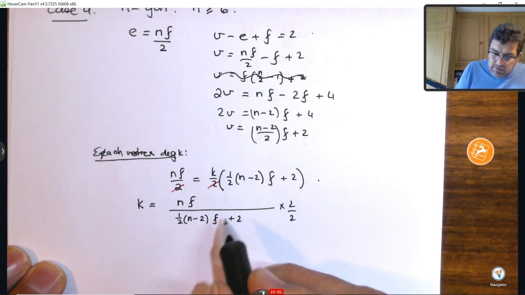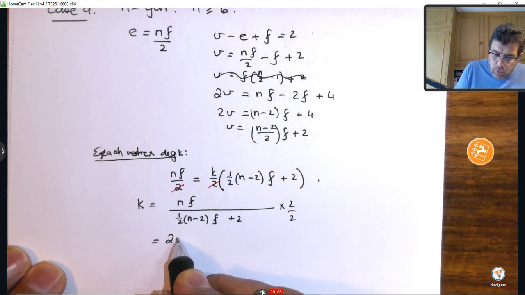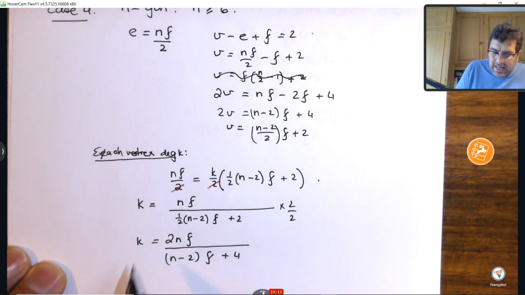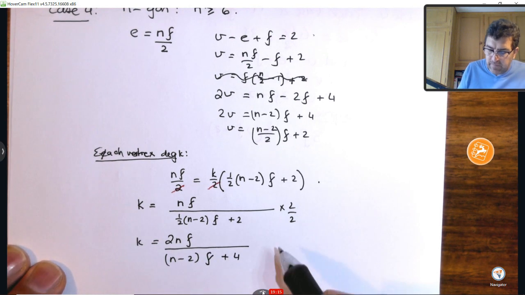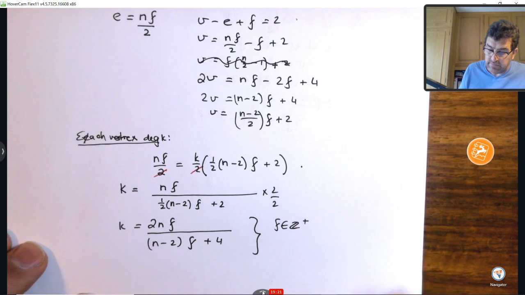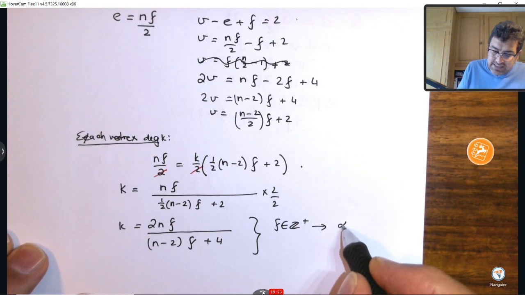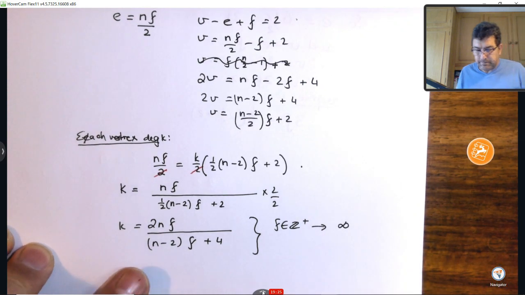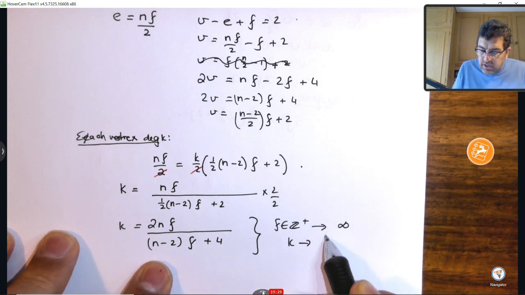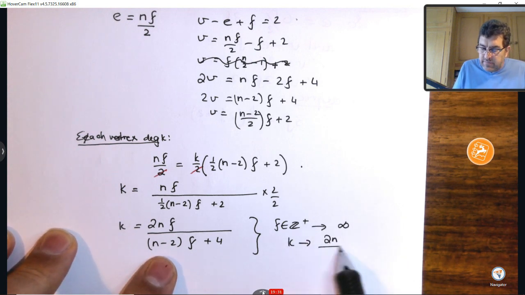So I have twice nf divided by n minus 2 times f plus 4 as the value of k. Now remember what we said here. Because f is an integer that's positive, as f approaches infinity, we have k approaching 2n divided by n minus 2.